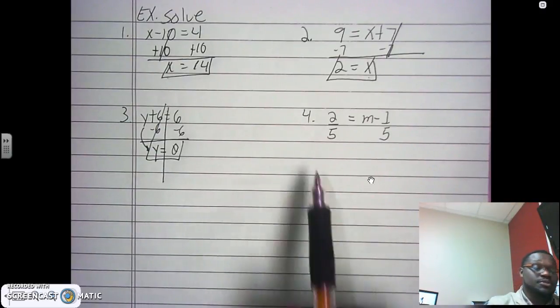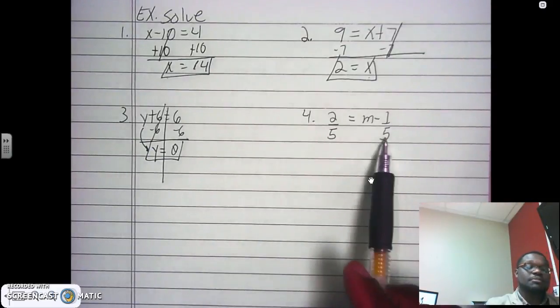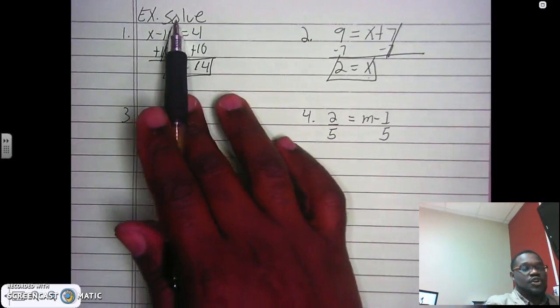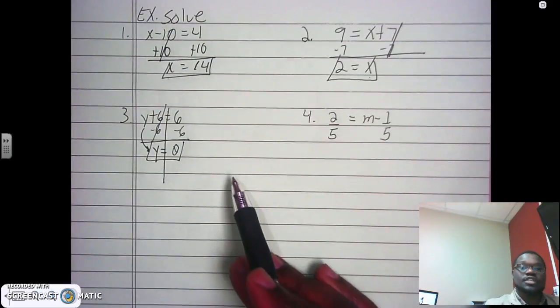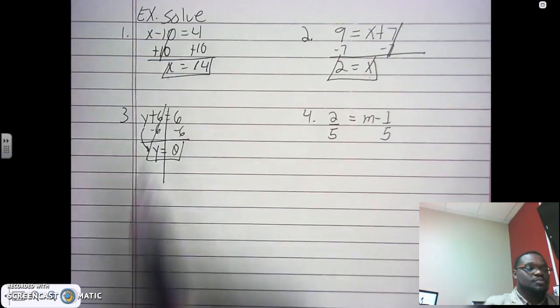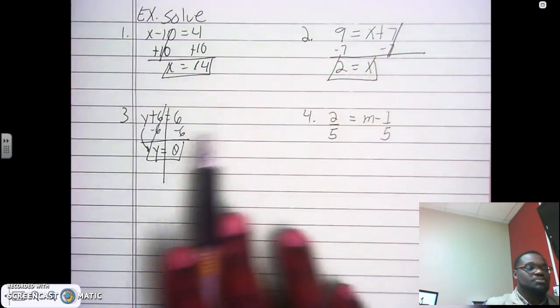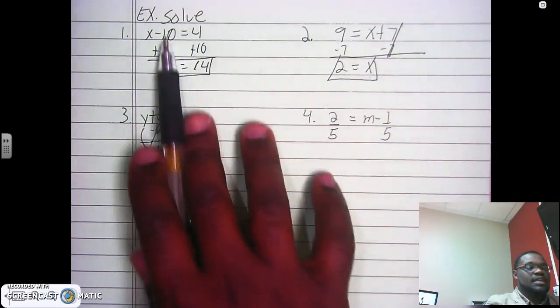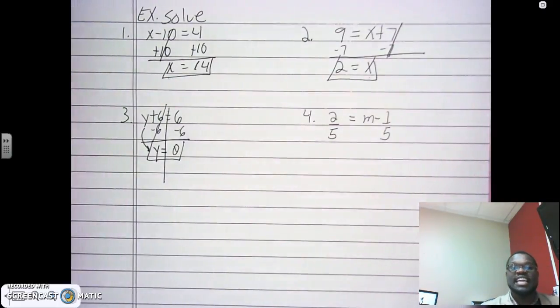Now this one is a little simpler because the fractions have common denominators, but it's still true whether they have common denominators or not, or whether you're dealing with decimals or not. The rule says if your instructions are to solve and you're solving using addition and subtraction. By the way, how do I know I'm using addition and subtraction? I'm looking at the relationship between the number and the variable. Whichever number is on the same side of the variable, I'm looking at how they are related.